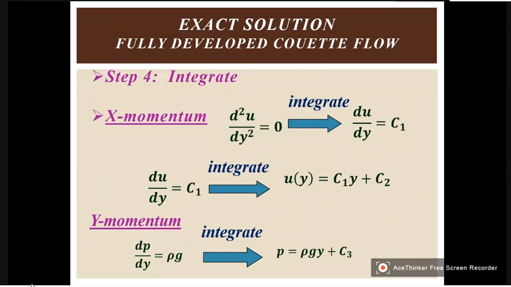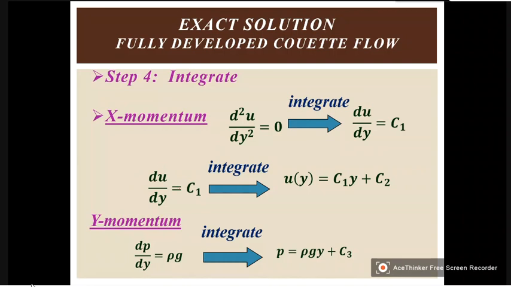So if I integrate this once, d square u by dy square, I will get du by dy is equal to constant. Integral of 0 is constant. Now I can integrate this again. Du by dy is equal to constant. So I will take this and integrate.